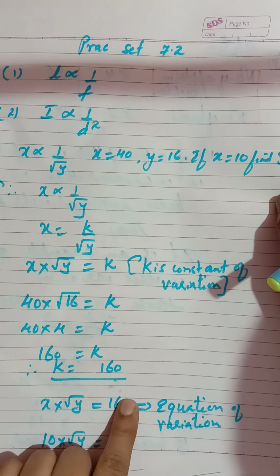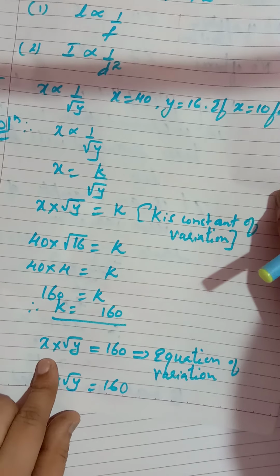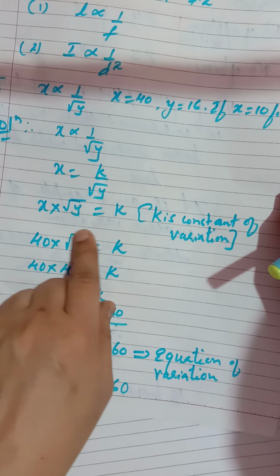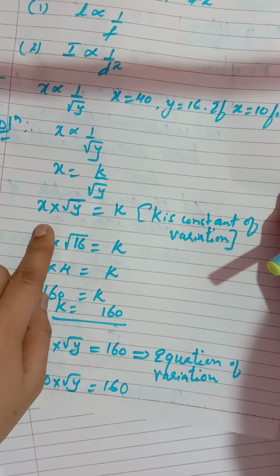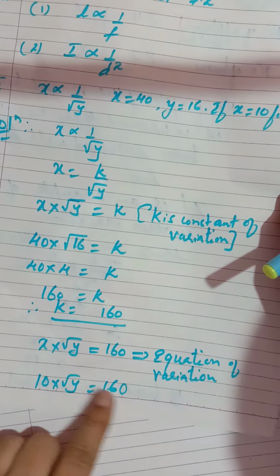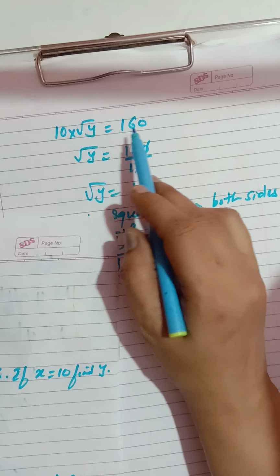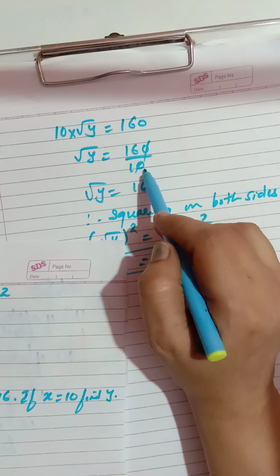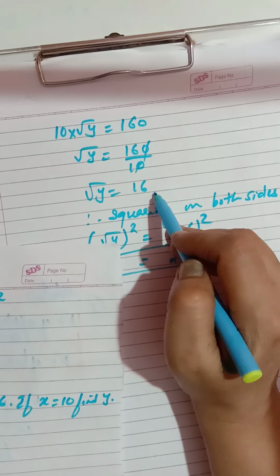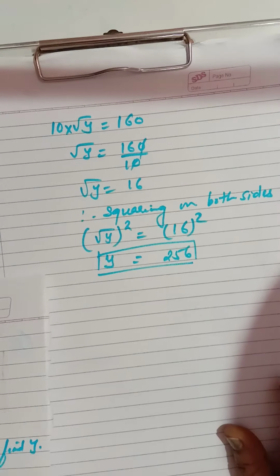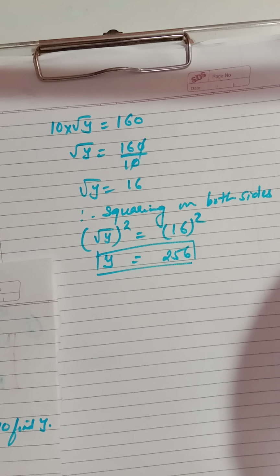And then again we write the equation of variation, x into root y is equal to 160, and then we substitute the value of x, that is 10 into root y is 160. So root y is 160 upon 10, you get root y is equal to 16. Therefore squaring on both the sides, you get the y value, that is 256.